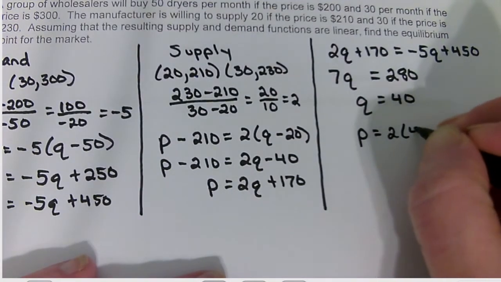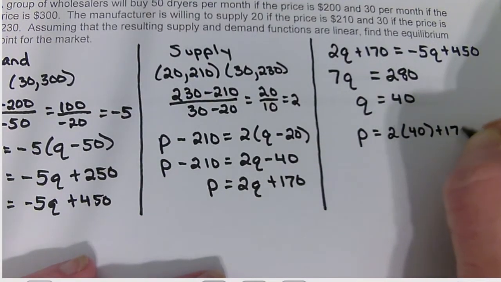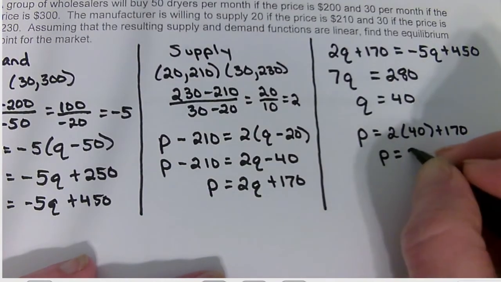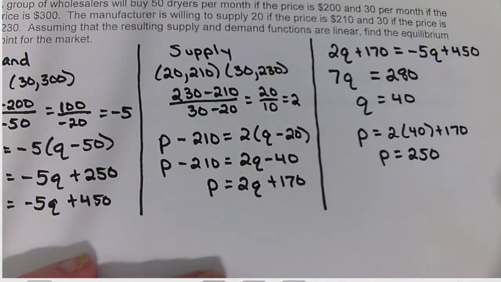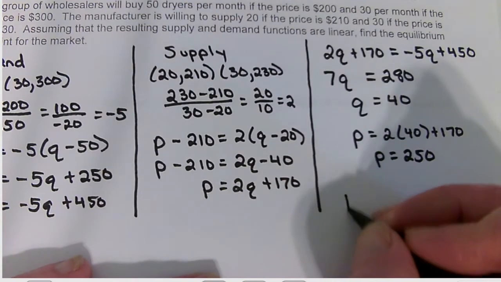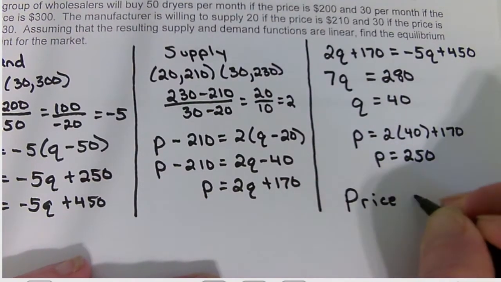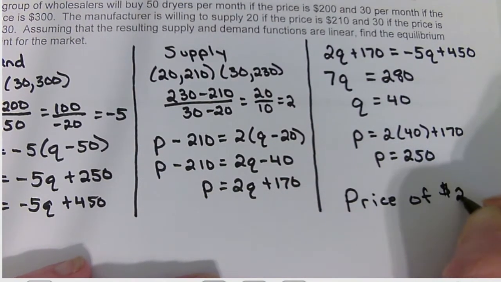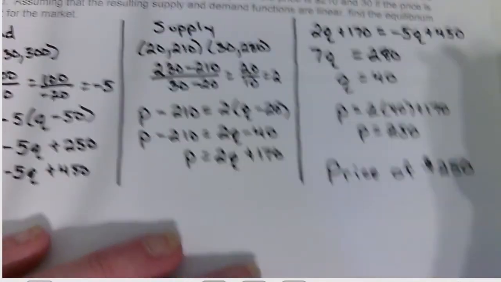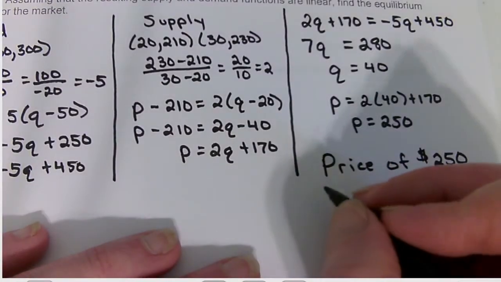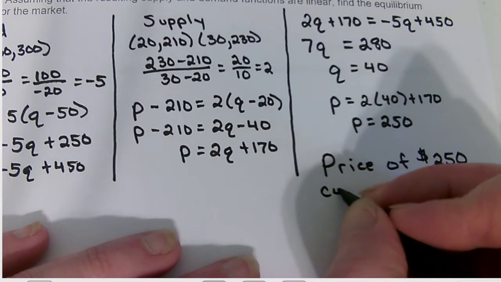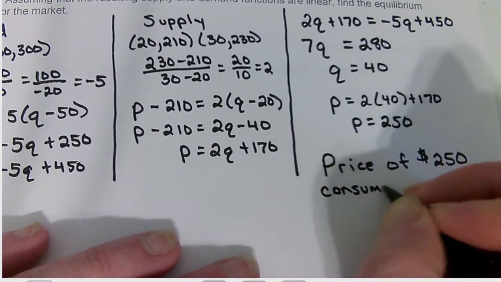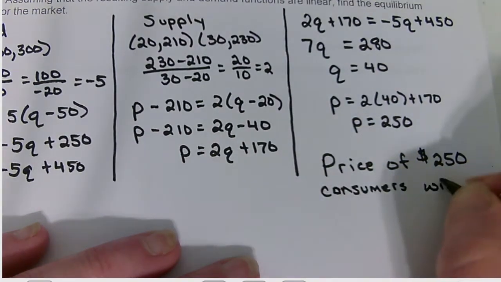Let's use this one. So I end up with a price of $250. Consumers will buy 40 units.